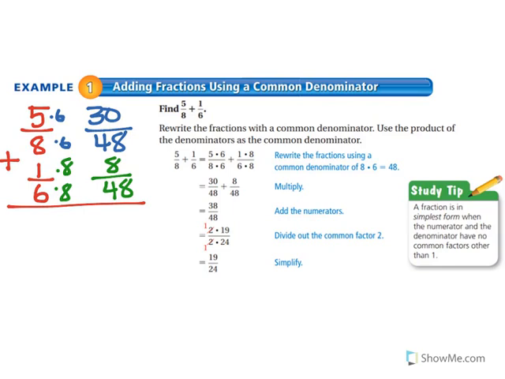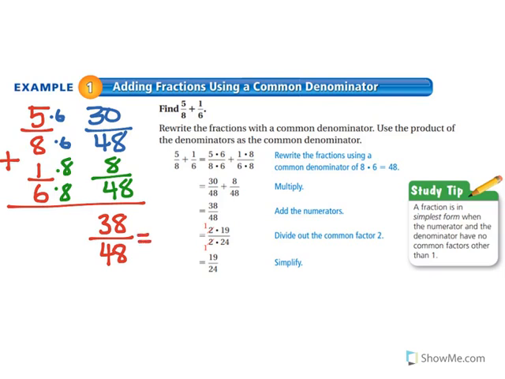It's not necessarily the least common denominator, but it is a common denominator nonetheless. So now we're going to go ahead and add. So we do 30 plus 8 is 38, and it's going to be over 48 since that's our common denominator. Now, with doing it this way, oftentimes you are going to have to simplify your answer. So we can divide both of these, it looks like, by 2.